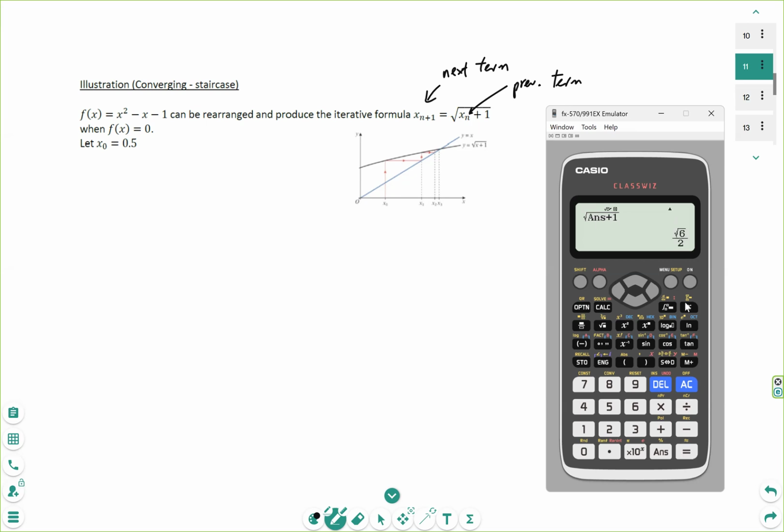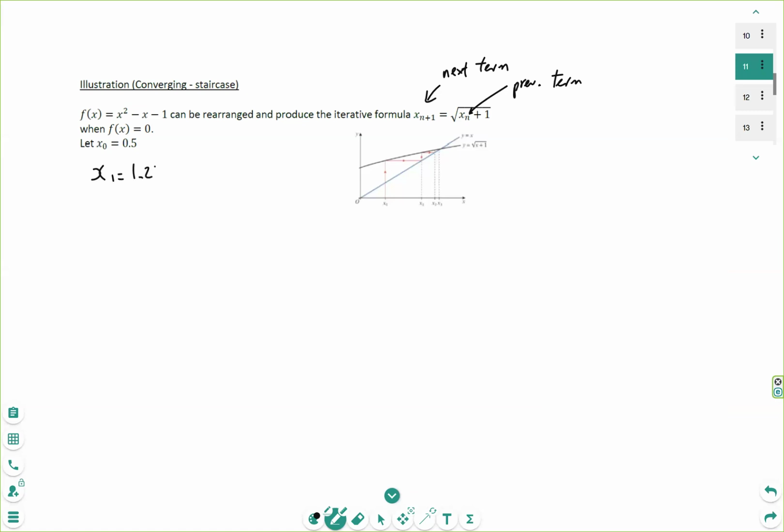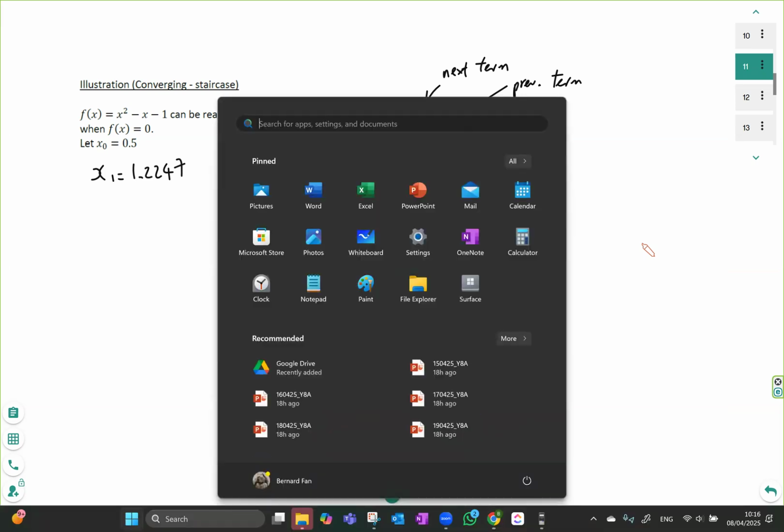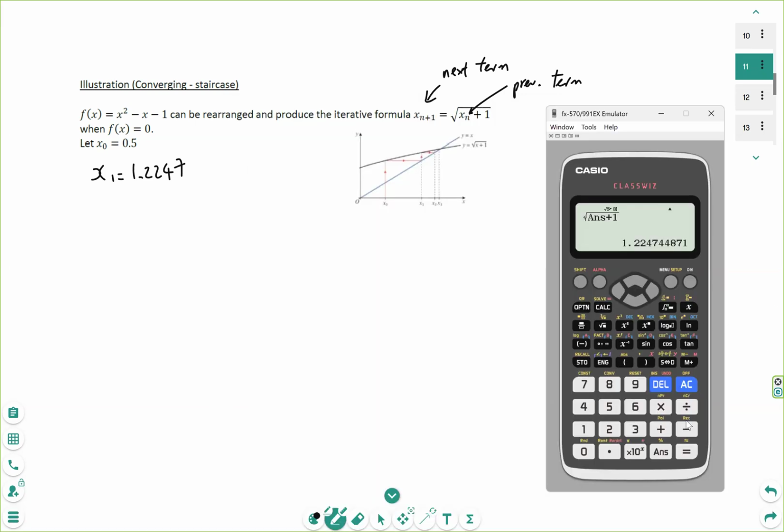If you press equal, you get 1.2247. So x1 equals 1.2247. The best thing is that if you press equal again, you generate the next number. You don't have to substitute the previous number or type it into the calculator each time.